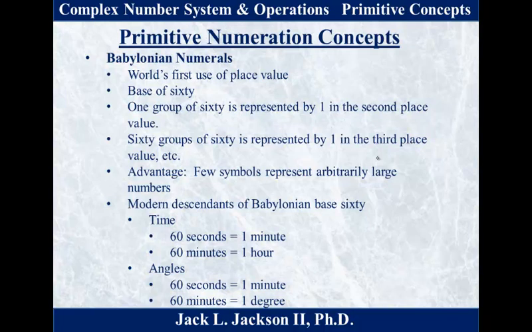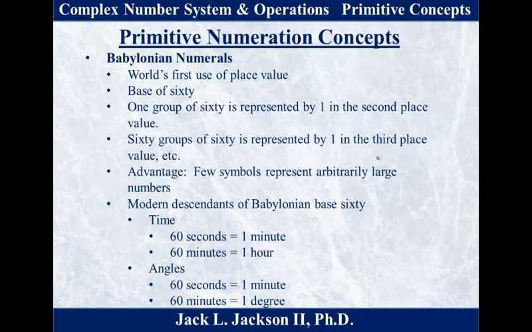Now, by the way, we still have holdovers from these ancient Babylonian numerals, particularly the base 60 numerals. And here are a couple examples. You probably could have thought of these. 60 seconds is 1 minute, and 60 minutes is 1 hour. This idea that we divide an hour up into 60 equal parts called a minute, and each minute is divided up into 60 equal parts called a second, that comes straight from the ancient Babylonian days.